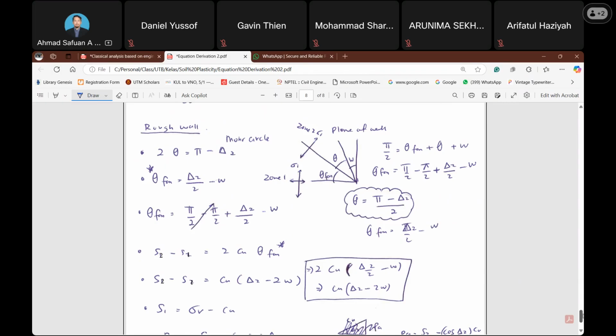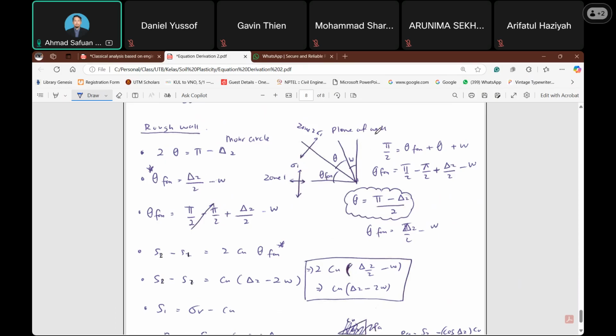How do we determine the theta fan if there is a beta angle, where we include the beta angle as well? How is this value obtained?